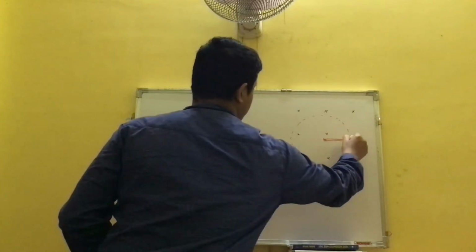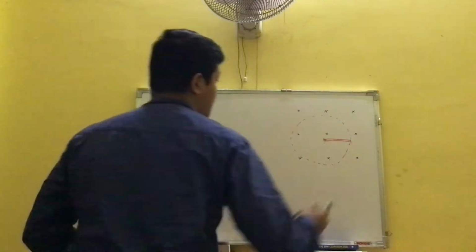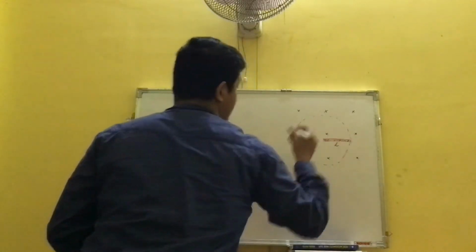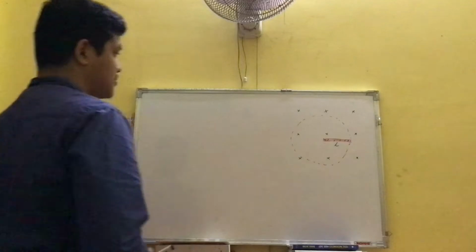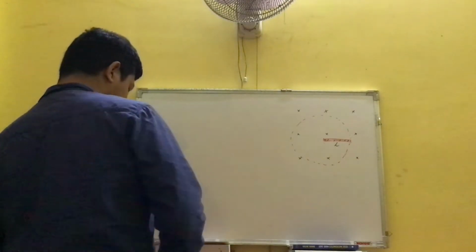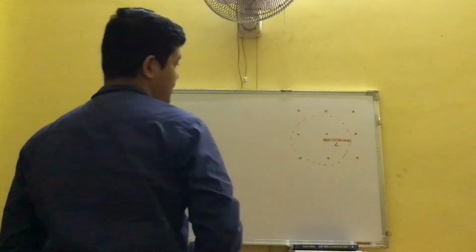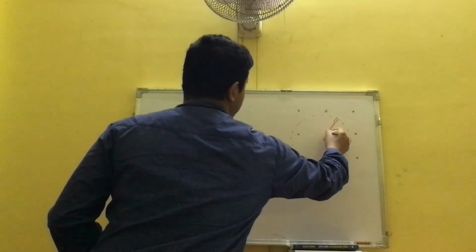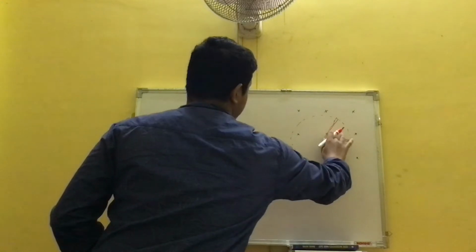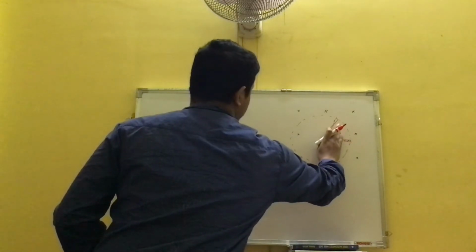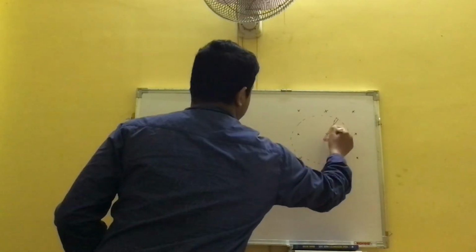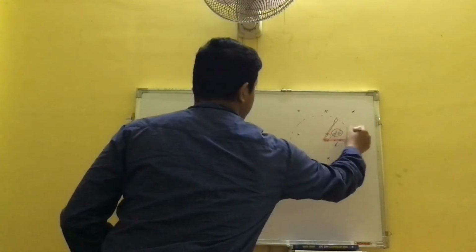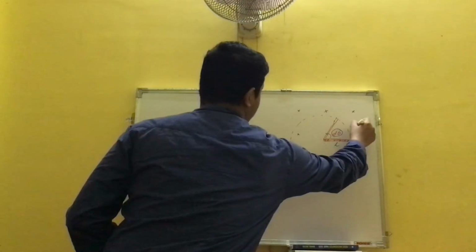This rod is rotating about this center, and the length of this rod is, suppose, L. It is rotating in this way in this magnetic field, and after time dt, suppose the angle subtended by this rod at the center is d theta with its initial position.